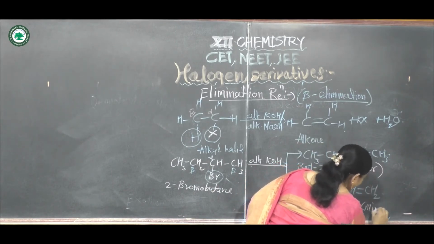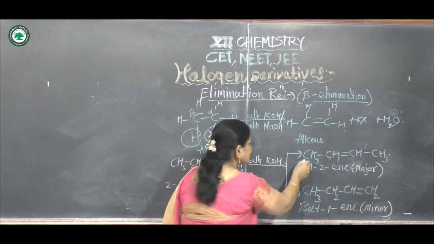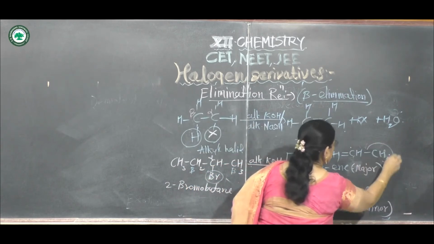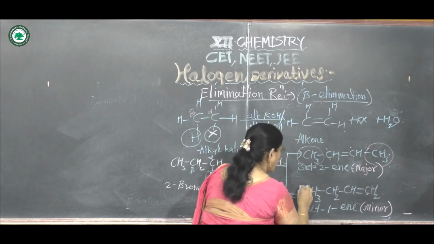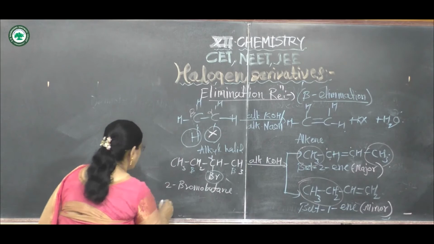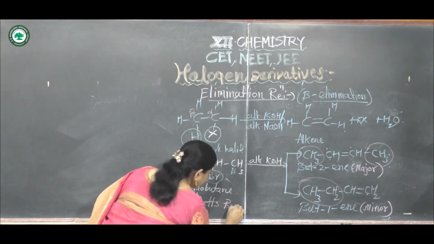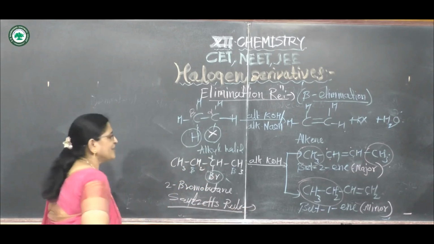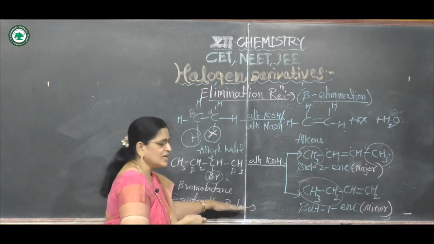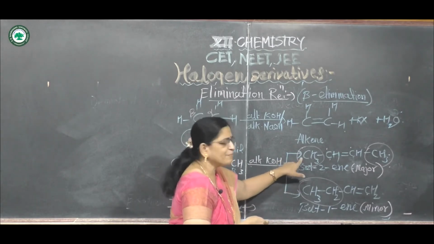Out of these two products, this is the major product and this is the minor product. Why is this the major product? On these two carbon atoms of the double bond there are two alkyl groups, and on the other double bond there is only one alkyl group. According to Saytzeff's rule, the elimination rule, the more substituted carbon-carbon double bond gives the major product.